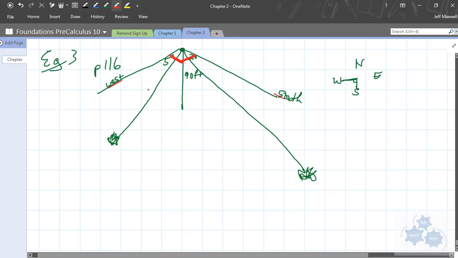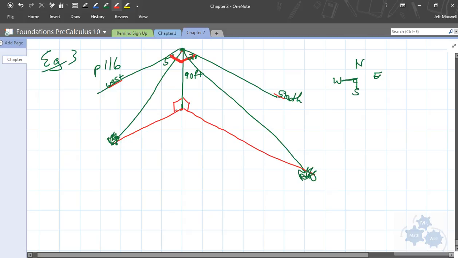The angle of depression is going down to the fire, and this line right here is in the same plane as this is. So we have a triangle here. Okay, so this as well, there, and there. So 90 degrees here, 90 degrees there.